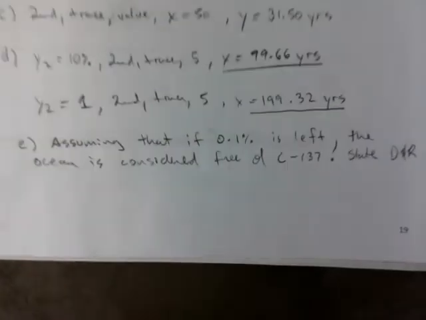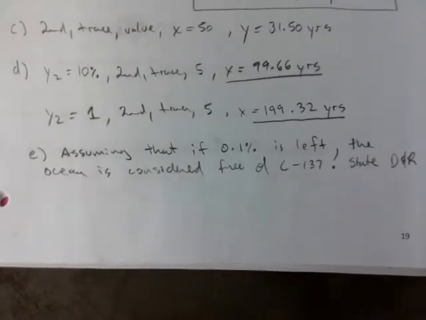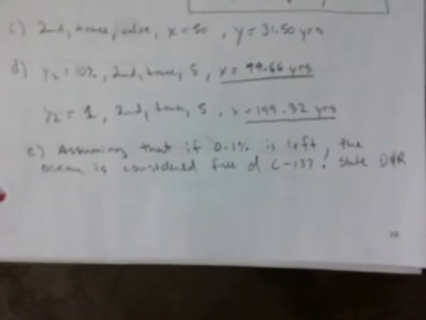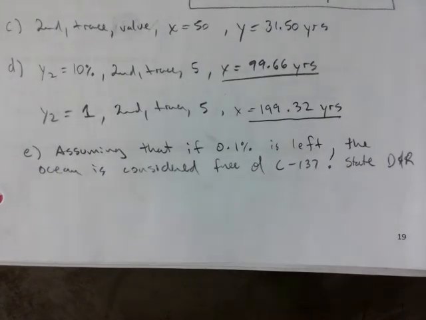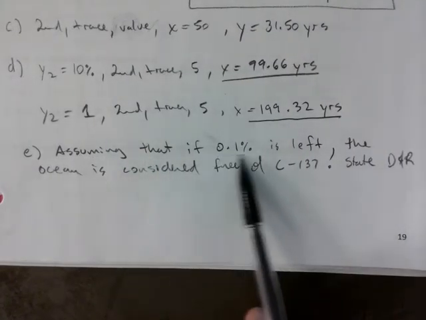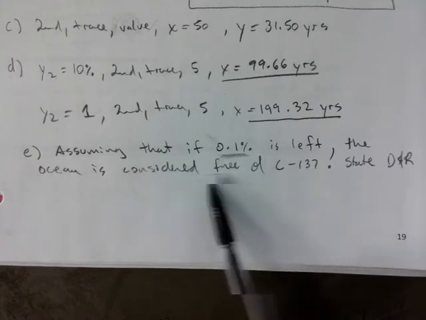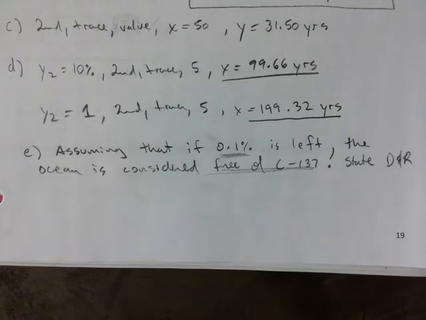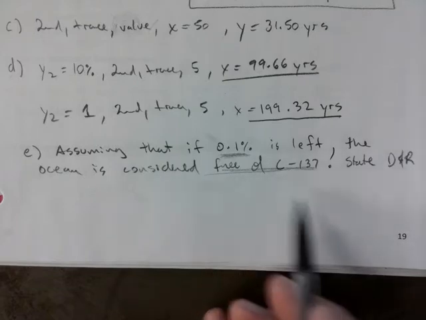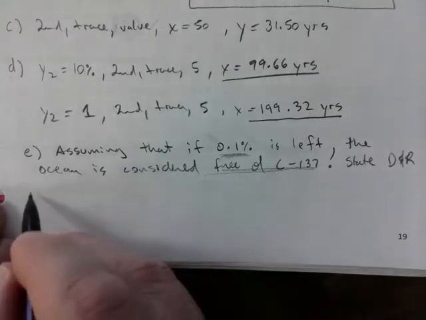I'm going to zoom into it. It's not worded; again, I need more space to word it properly, but you should understand, right? So assuming that if you get down to this amount remaining, you're considered free of cesium-137, what would be the domain and range? Because we know that it will never touch the x-axis, they give you a stop to it.